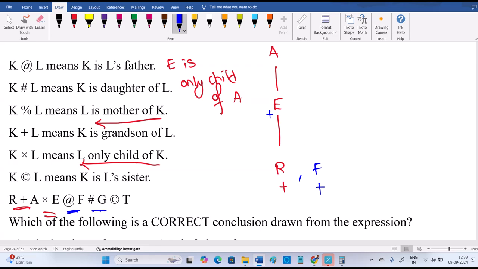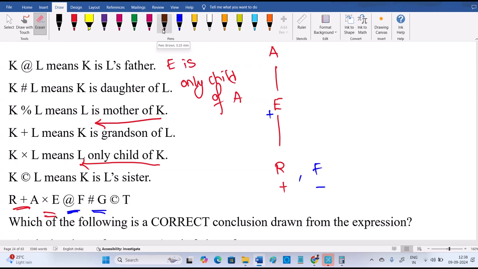Next, hash. F hash J. E is F's father. I cannot decide F's gender at that time.